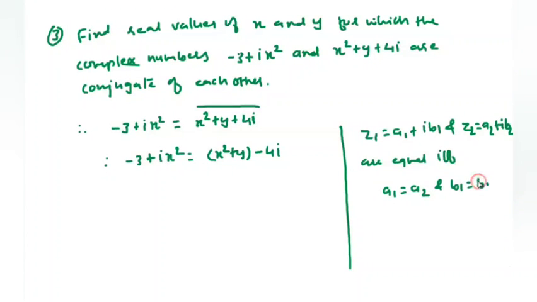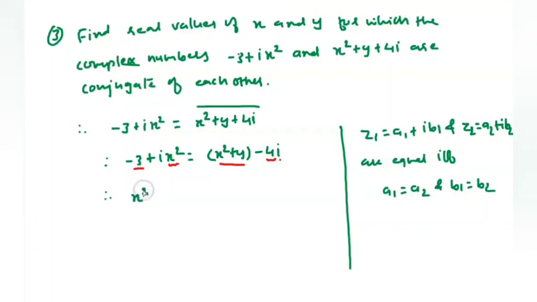So here we are given the two complex numbers to be equal. So we will compare their real parts, real part with real part and the imaginary part with imaginary part. Clear? a1 is equal to a2 and b1 is equal to b2.